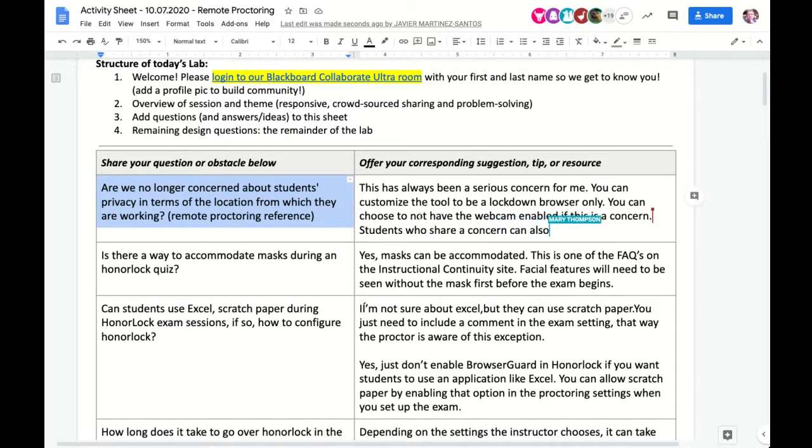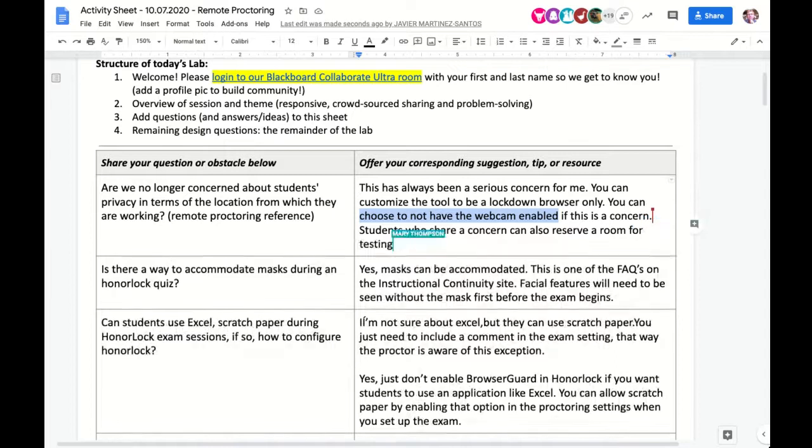As somebody put in the answer, you can choose not to have the webcam enabled. So if that's not a concern, or if that's a concern, don't do it. And you can also encourage the students to reserve a room for testing on campus, or even just find a room.